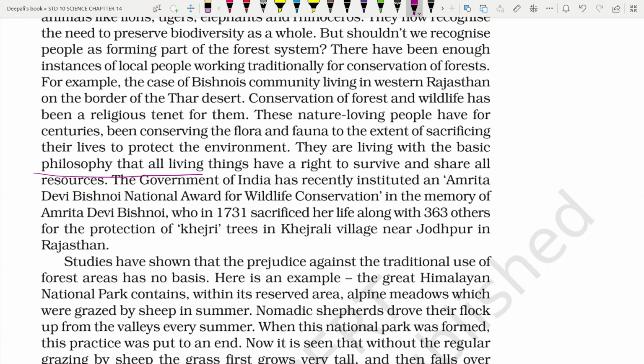share the resources. The government of India has recently instituted an Amrita Devi Bishnoi National Award for Wildlife Conservation in the memory of Amrita Devi Bishnoi, who in 1731 sacrificed her life along with 363 others for protection of khejri trees in Khejarli village near Jodhpur in Rajasthan.